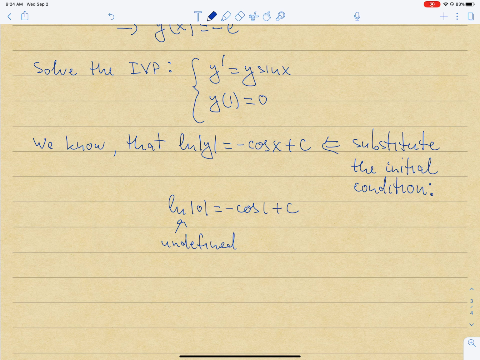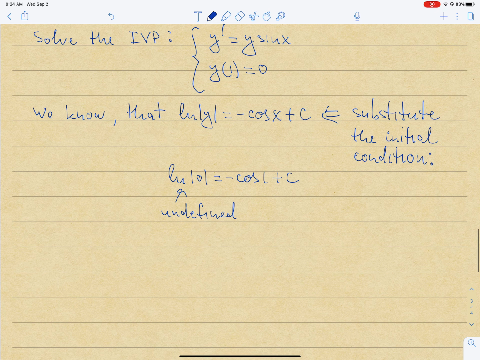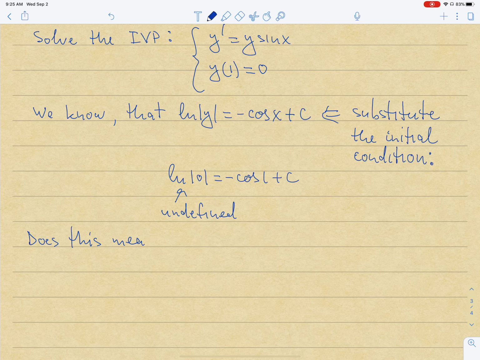Well, that seems to be a problem because then it seems that this equation, this initial value problem, does not have a solution. So does this mean that the initial value problem has no solutions?